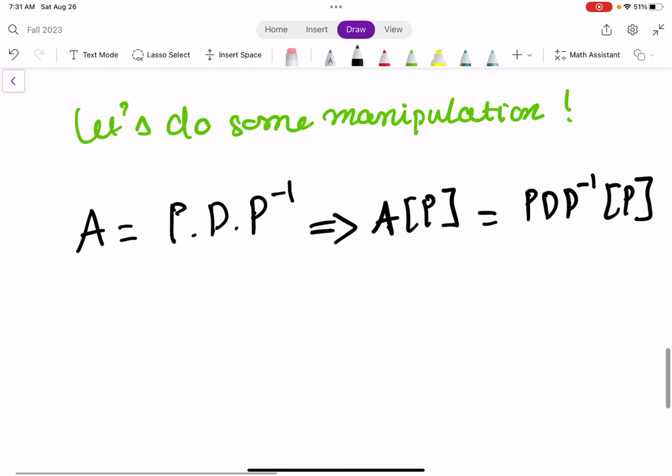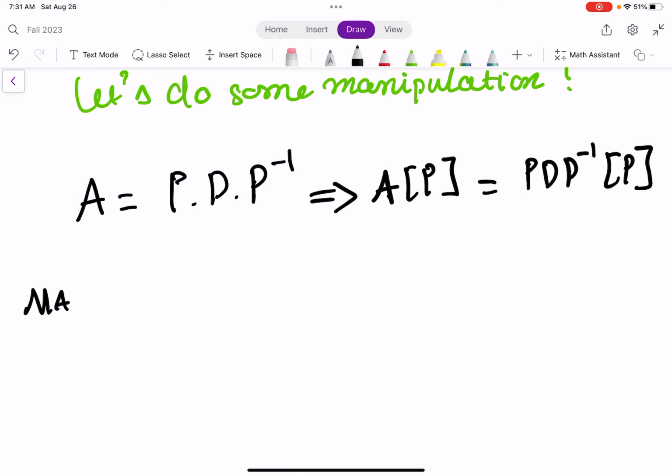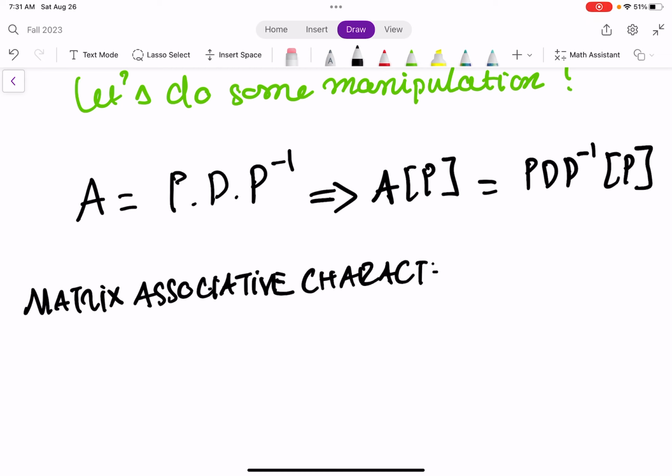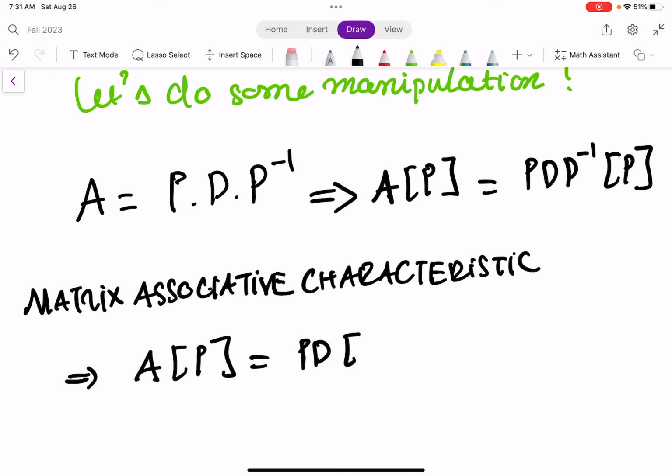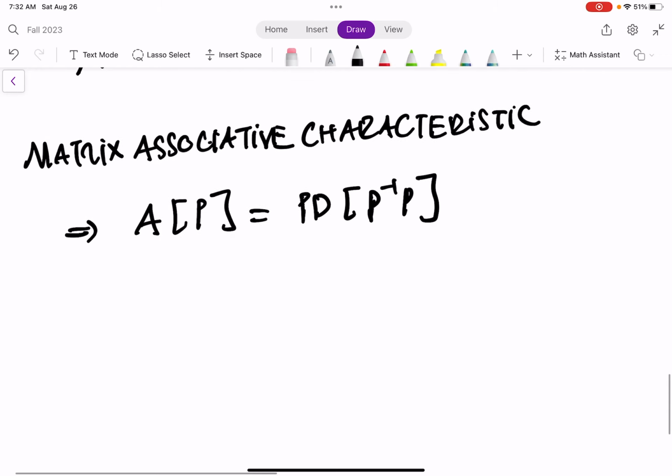And if you use the matrix associative characteristic, you arrive at AP equal to PD applied to P^-1 P. So PDP^-1 applied to P is the same as applying matrix PD to matrix P^-1 P, and I think that's the associative characteristic of matrices.